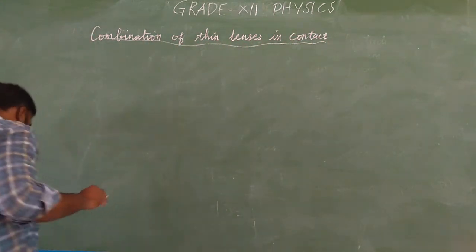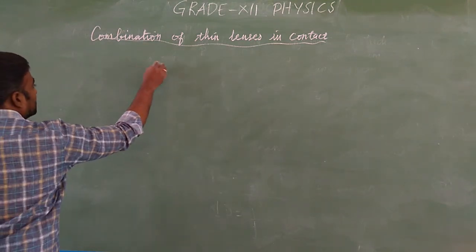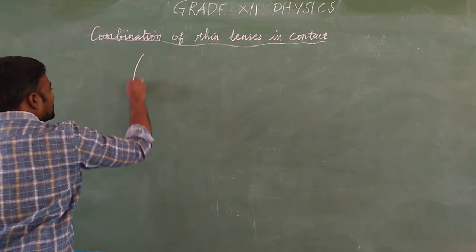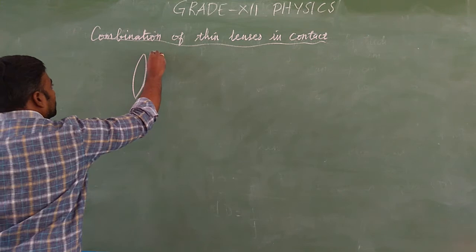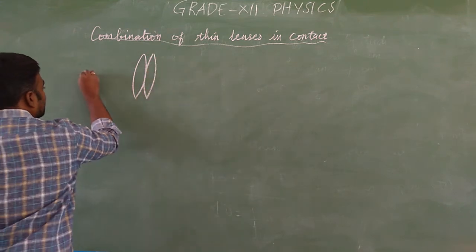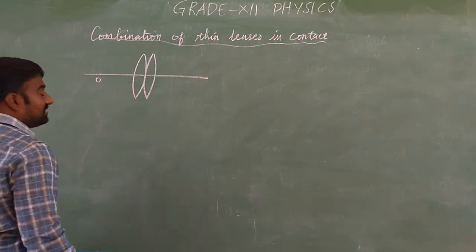Let us consider two lenses, A and B. The two thin lenses are in contact, and a point object is placed on the left hand side.